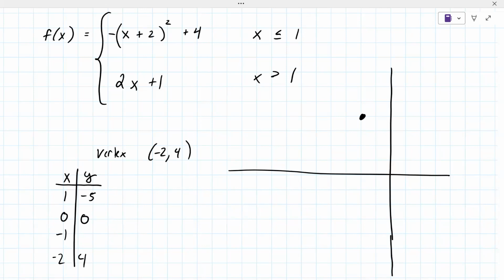So 3 and 4. Yes, it is 3. Good. So we've got some points here that we can graph. So -1, -5, 1, 2, 3, 4, 5, 0, 0, negative 1, 3.